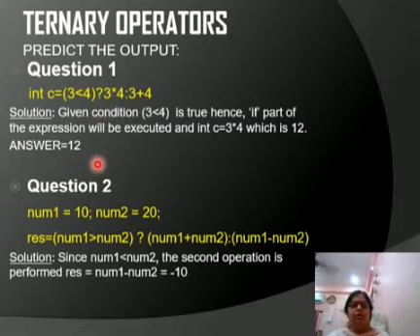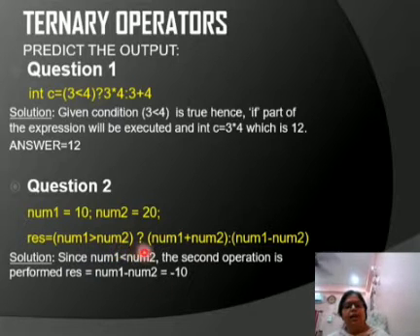Okay, now we will see our second question. In this, num1 is 10 and num2 is 20. If num1 is greater than num2, then num1 plus num2, or else num1 minus num2. In this we will see whether num1 is greater than num2.